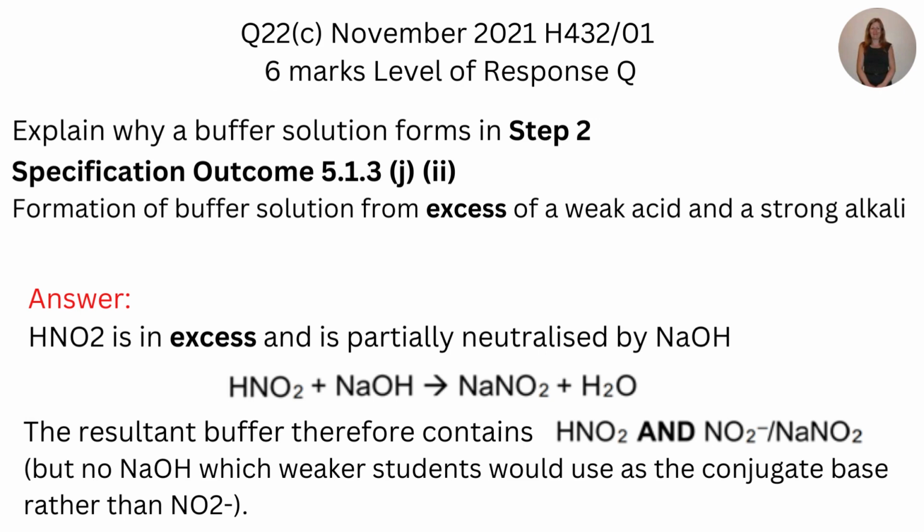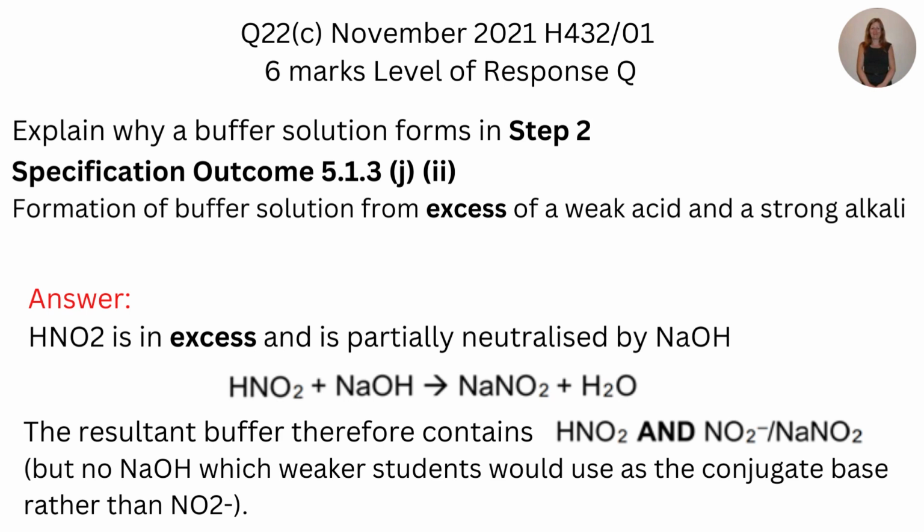An equation is useful at this point, but not entirely essential. So you can see an acid and an alkali react to form a salt and water. So the resultant buffer will contain nitrous acid because it was in excess, so some remains, and you need to say something about the conjugate base, which is the nitrite ion.